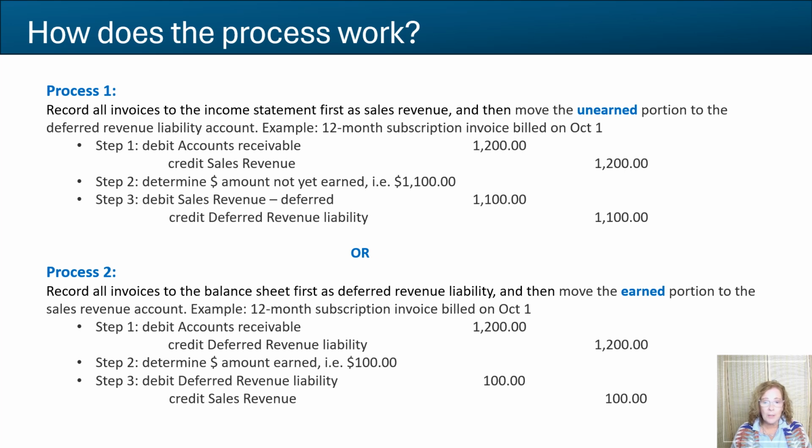Now that also means that you have to keep track of this amount over the next 11 months and recognize $100 each month. I bet you can already tell that this can easily get complicated as more invoices are amortized over the recognition periods.